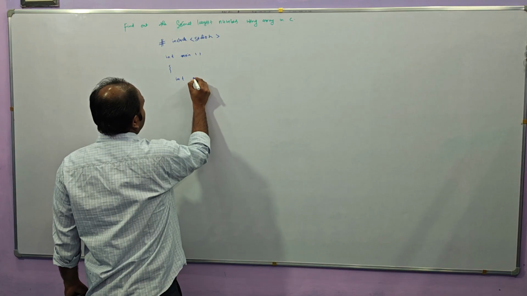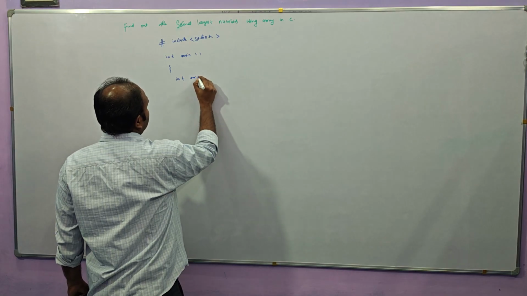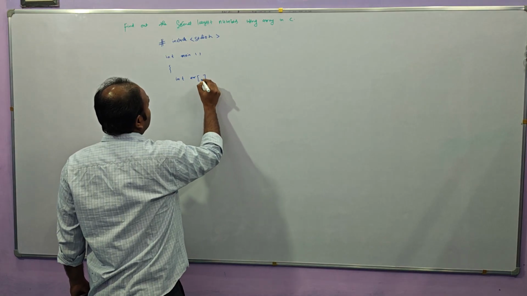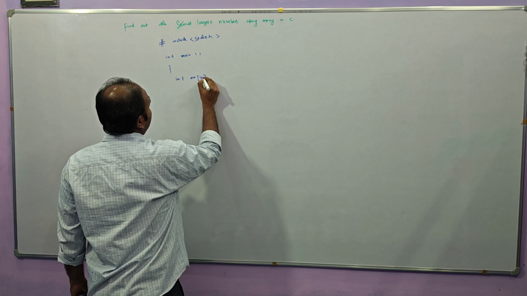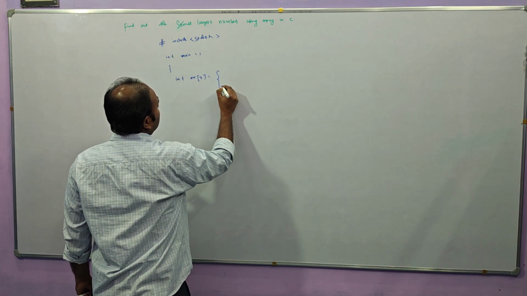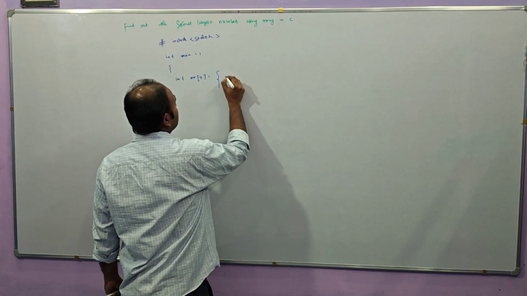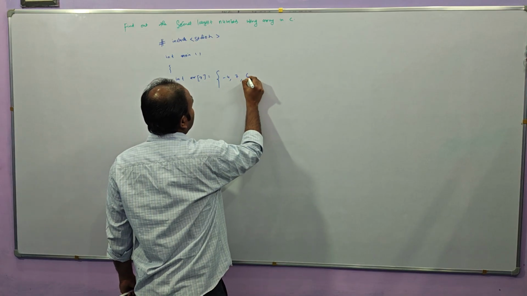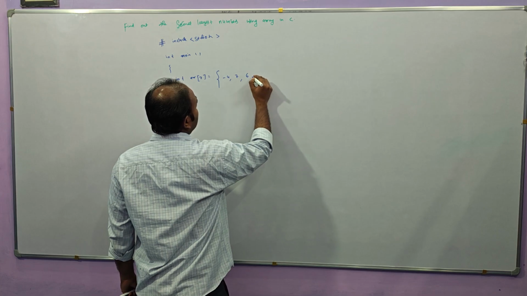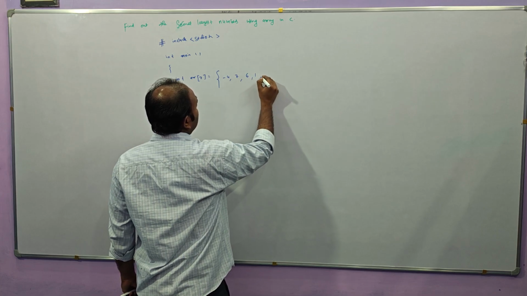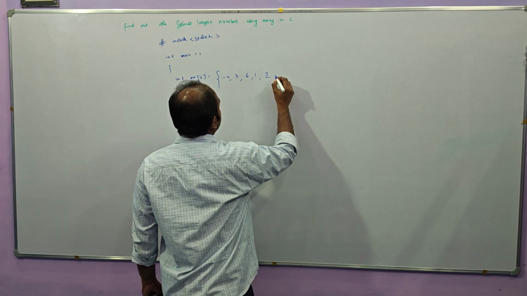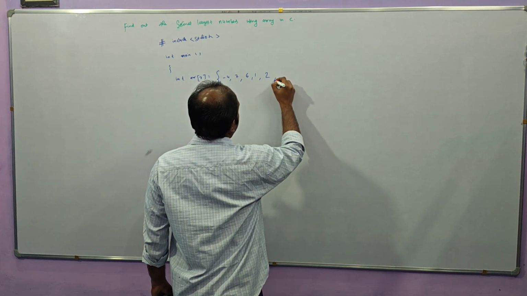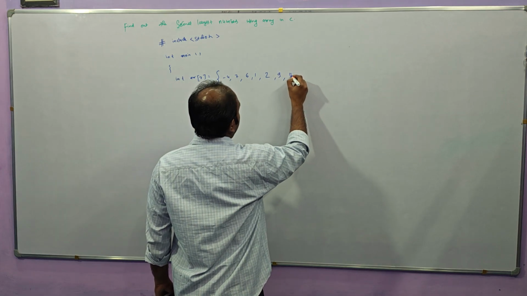Firstly, we consider an array of size 7, with the elements -4, 7, 6, 1, 2, 9, 11.